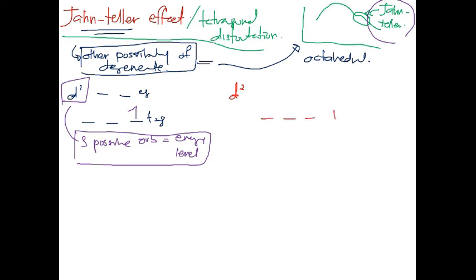You have T2g and Eg, so you can either have that arrangement, or you can have this arrangement, or you can have this arrangement. So you have a few arrangements too. So you have 3 possible ways to fill up the electrons.